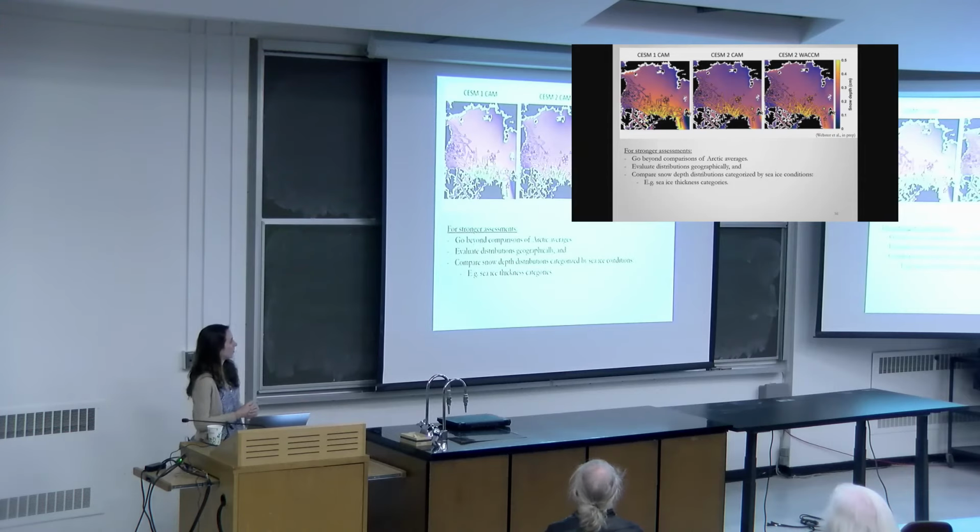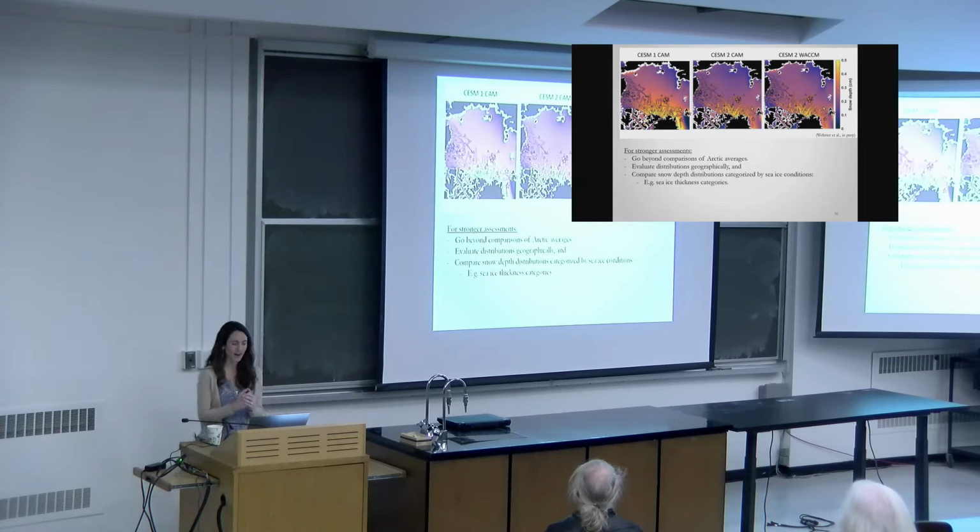So I'm not a modeler, and I don't know how to explain this really well, but my interpretation of these differences is this is the old version of CESM1, this is the brand new version, and this is the brand new version with a really fancy atmospheric model, and that's the best of my knowledge. The fancy version of the atmospheric model has more vertical levels of resolution and aerosols and things like that, but really that's the limit of my knowledge on it.